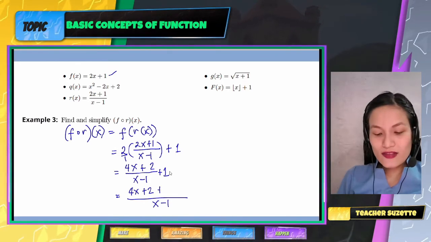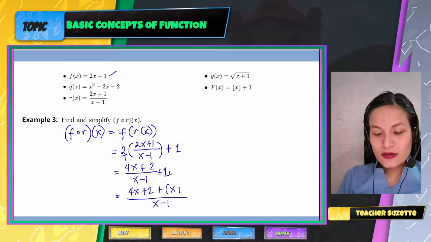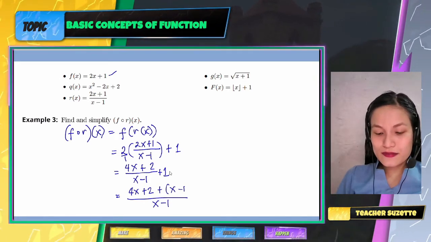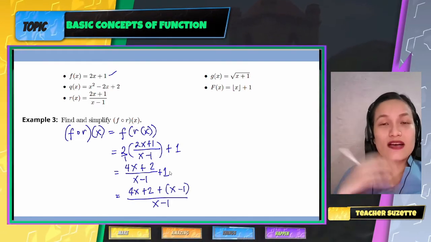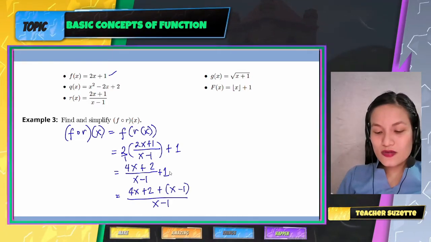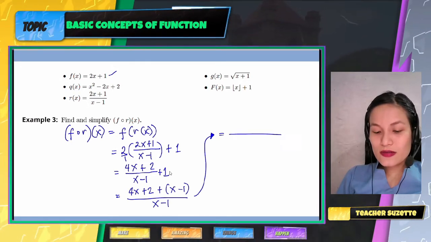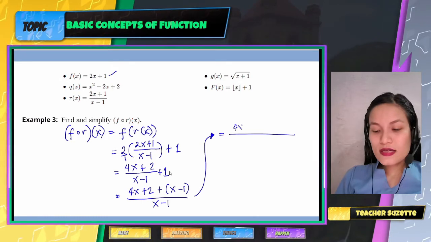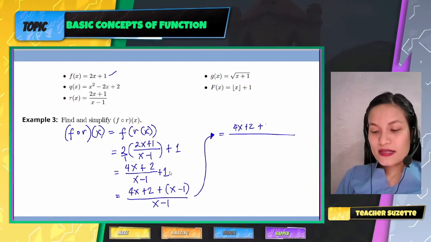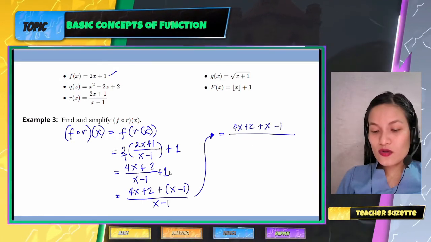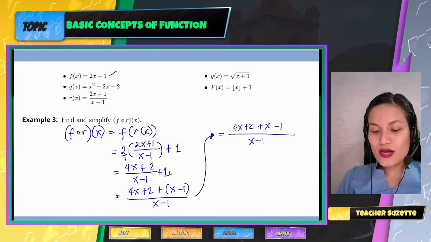So, you will have now positive x minus 1. Then, ito na. Next step na po natin is we are going to simplify na. So, we are going to simplify 4x plus 2 plus x minus 1 all over x minus 1.